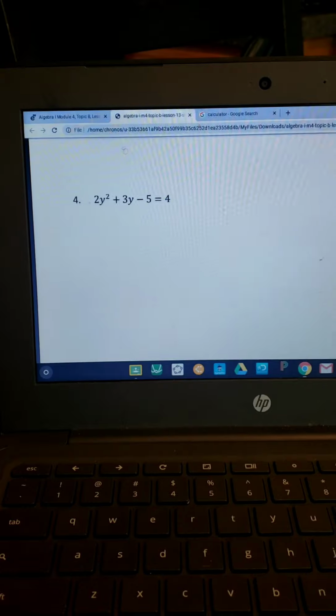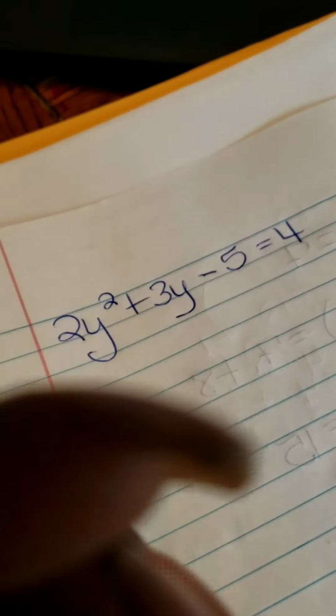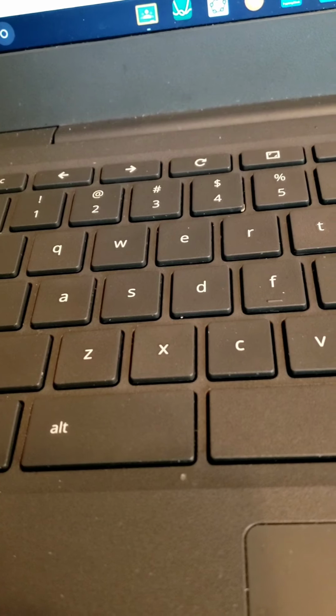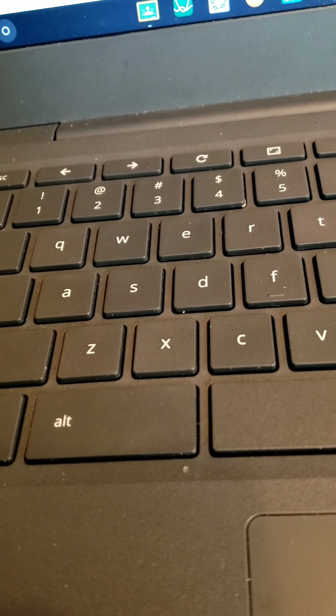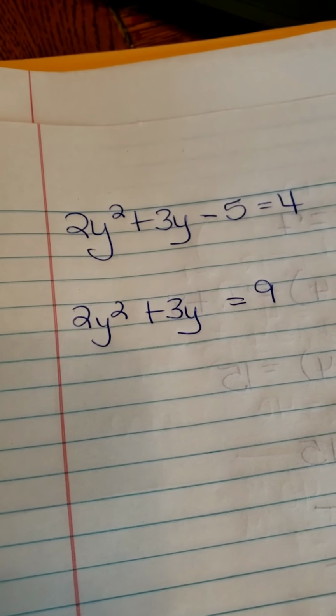All right, the last problem. Here we go. The first thing I'm going to do with this one is move that 5 to the other side. So I'm going to add 5 to both sides. Okay, so you should get that.